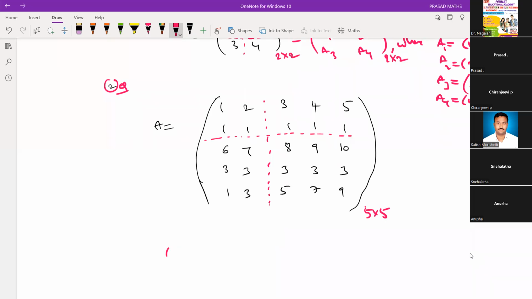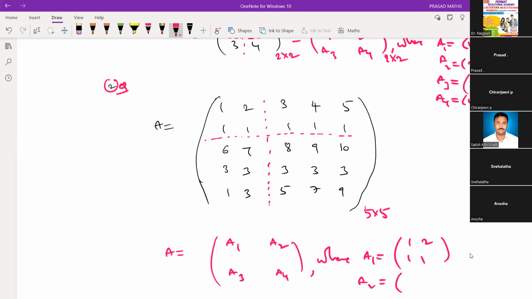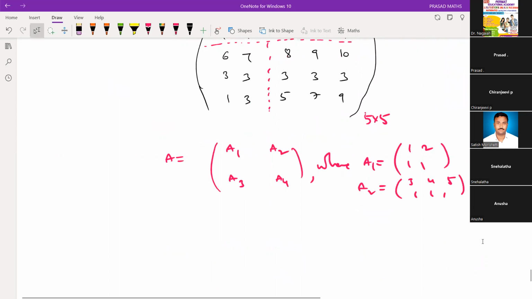A equals A1, A2, A3, A4, right? What is A1? 1, 2, 1, 1. What is A2? 3, 4, 5, 1, 1, 1. Next, A3 is 6, 7, 3, 3, 1, 3.